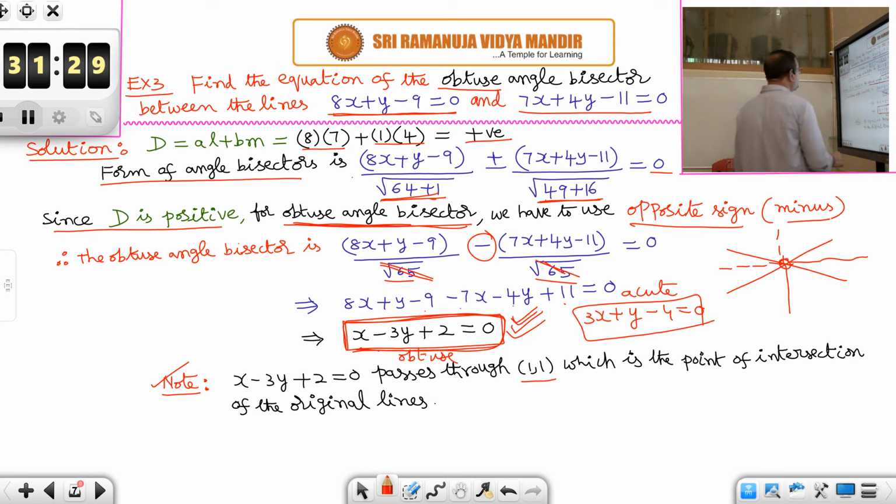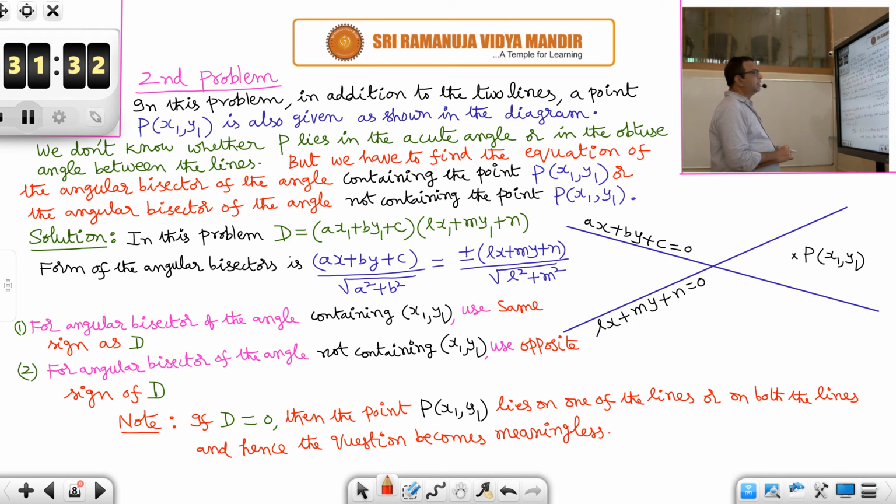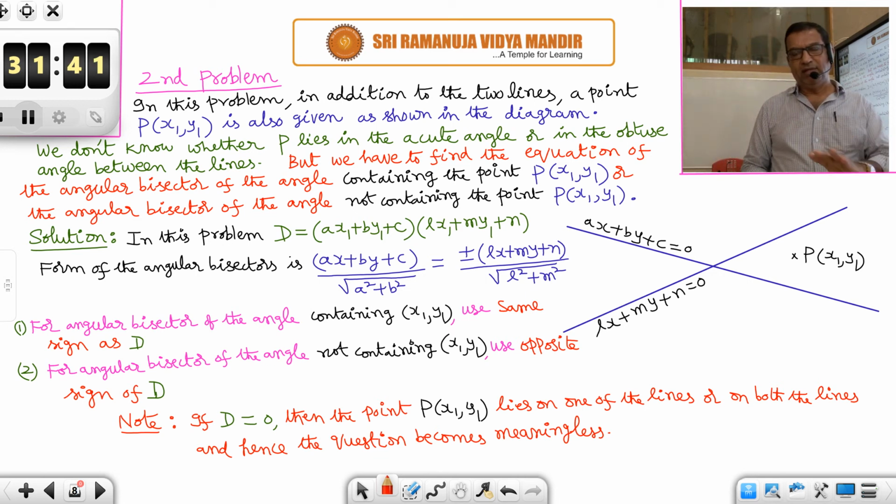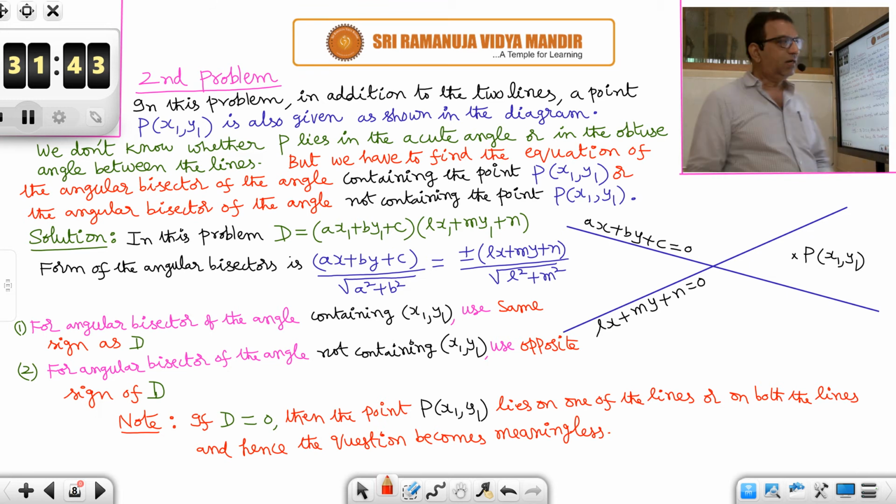Okay, right. Let us see the next problem. Second problem. One problem we have discussed thoroughly, that is how to find the acute angle bisector and how to find the obtuse angle bisector. What is the next problem? Let us see.